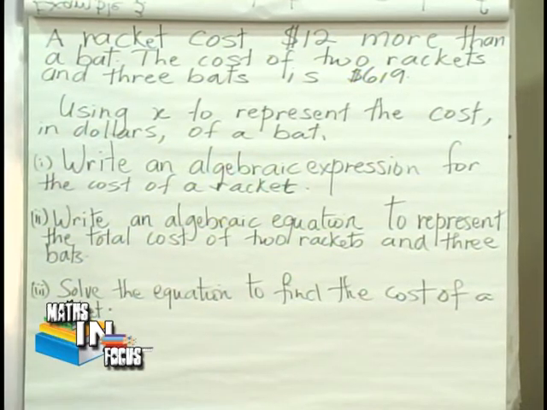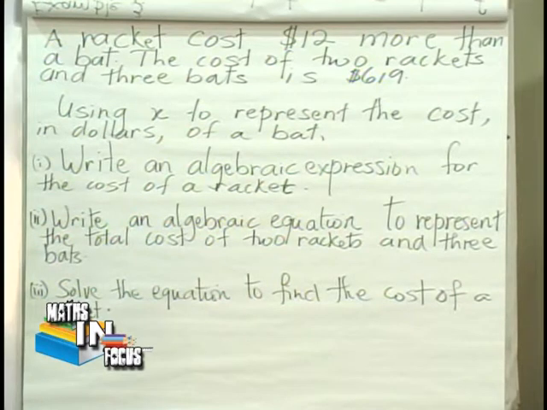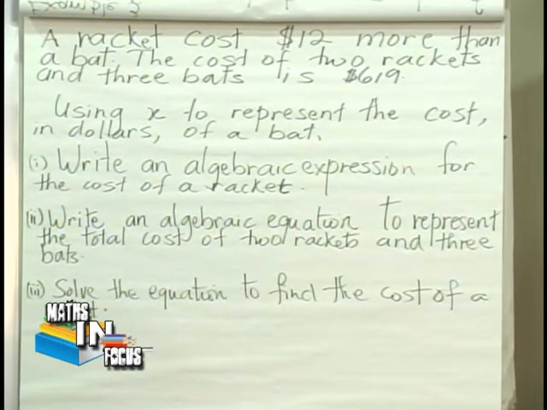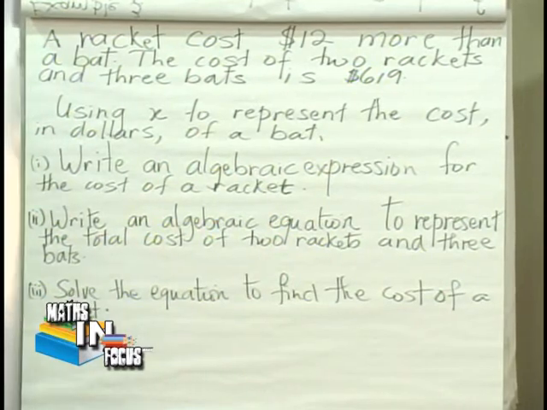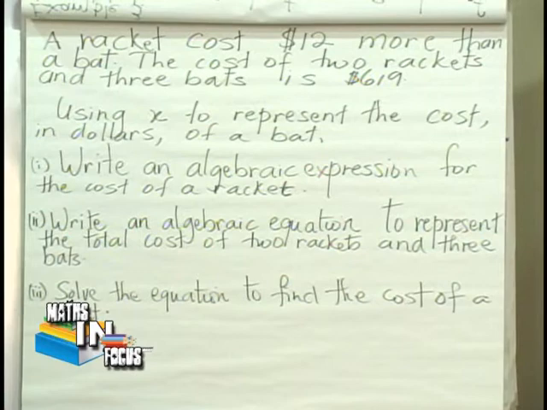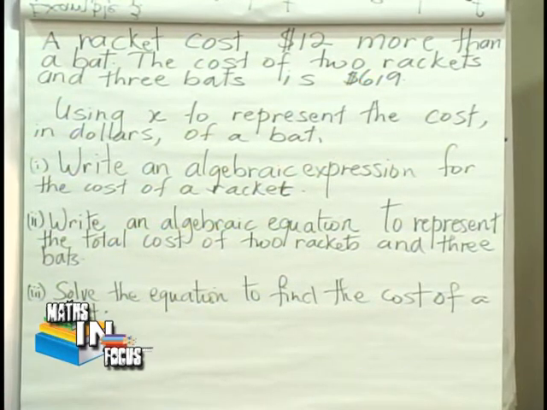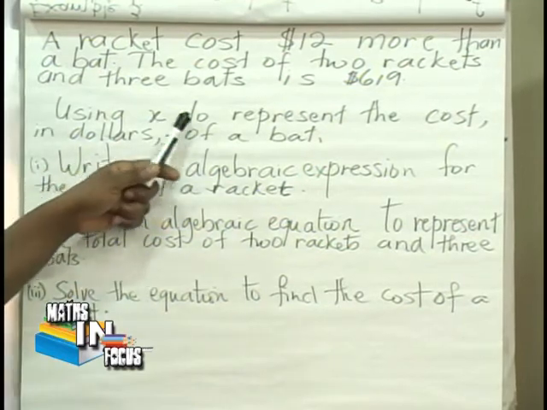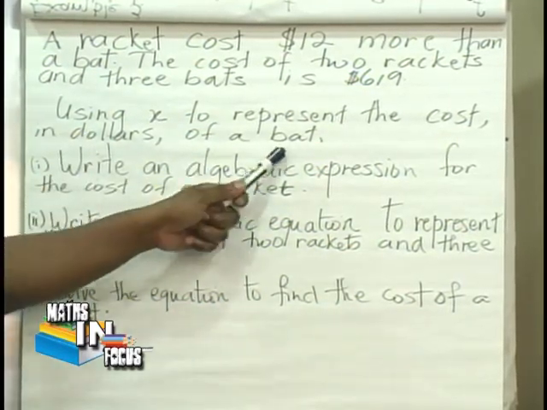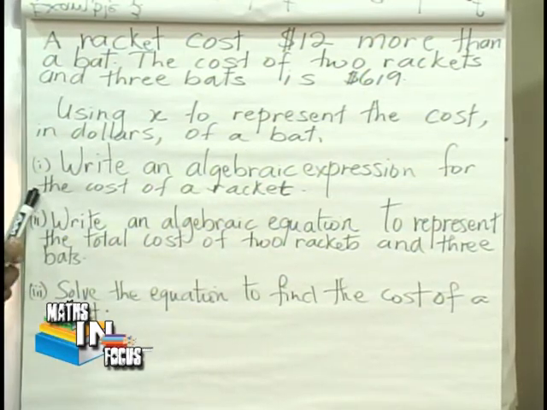One, where we know that 1 racket costs $12 more than the cost of a bat. And the second situation, 2 rackets and 3 bats. When we find the sum of them, we come up with $619. Using x to represent the cost in dollars of a bat, 1.